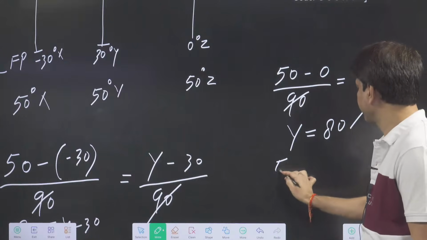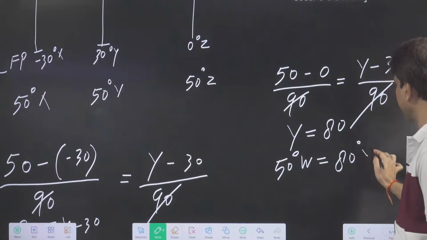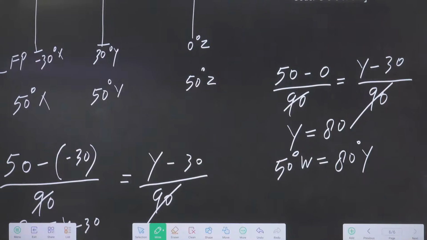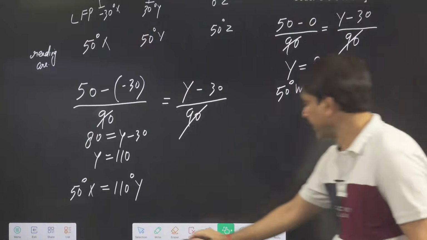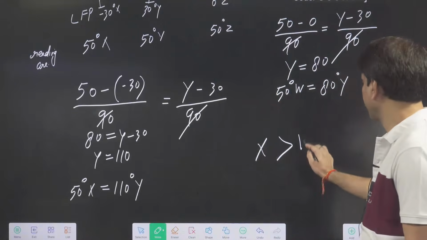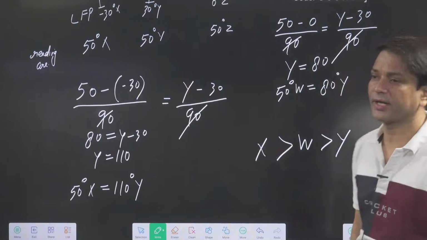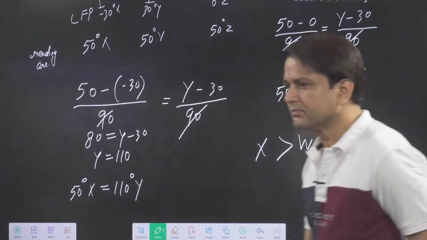Then I can say 50 degree Z is equal to 80 degree Y. Now all the three temperatures you have in Y: 110, 50 and 80. Then what is the order of the temperature? Maximum is for X, then Z, then Y. So the order of temperature is X, Z and Y. Everybody got it or not?